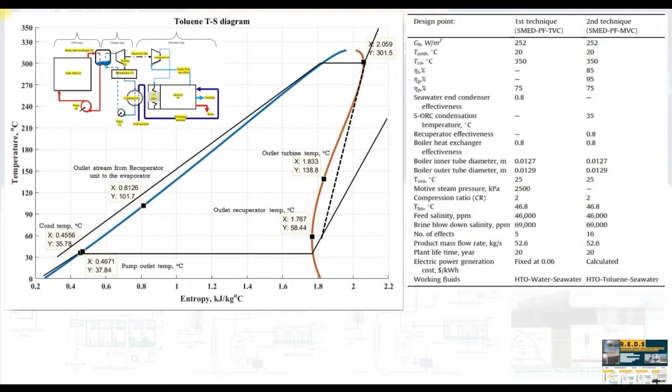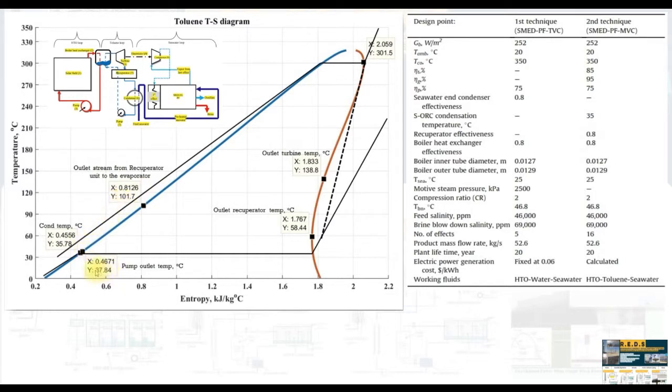Okay, this is our process on the TS diagram. As we can see here, this is for the turbine. This is the condenser pressure, around 35 degrees Celsius, and we have here the pump outlet conditions, 37. Therefore, we are going to increase the temperature of the pump stream going to the boiler heat exchanger by utilizing the recuperator unit.